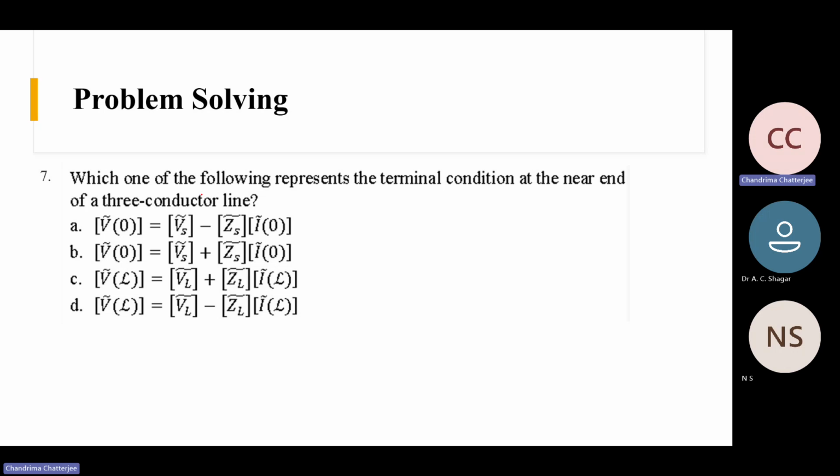So the terminal condition at the near end of the three conductor line is this one: V0 is equal to Vs minus Zs I0.